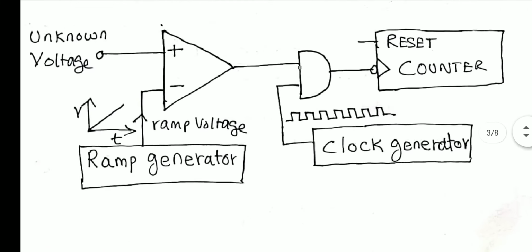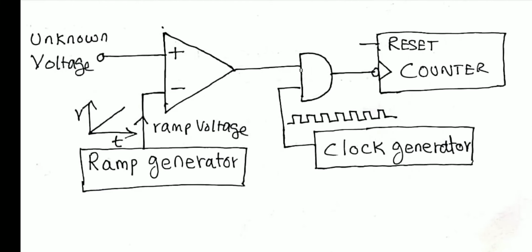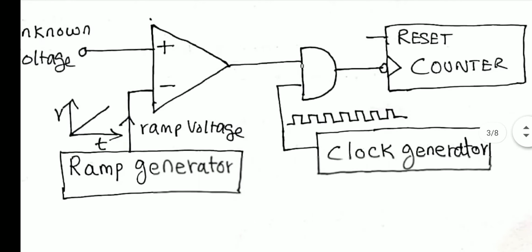Then one input of the AND gate is 0, so the AND gate closes. That means 0 is coming at the output of the AND gate, no pulse is coming. Hence the counter stops counting, because no pulse is coming out of the AND gate, right?